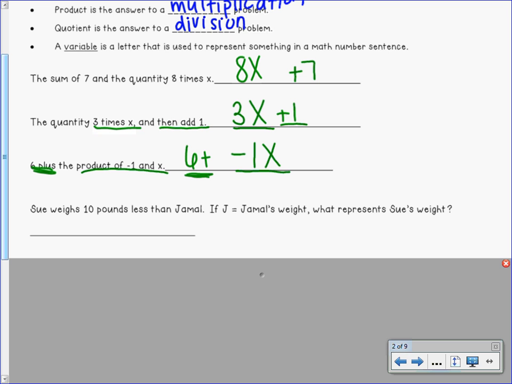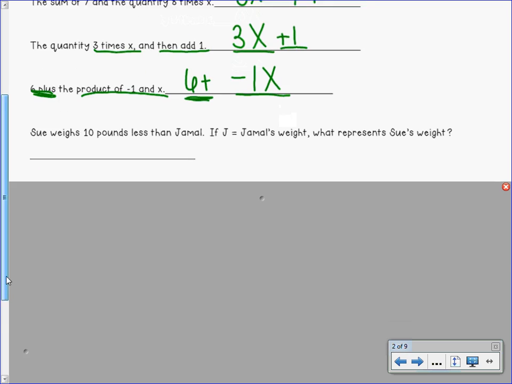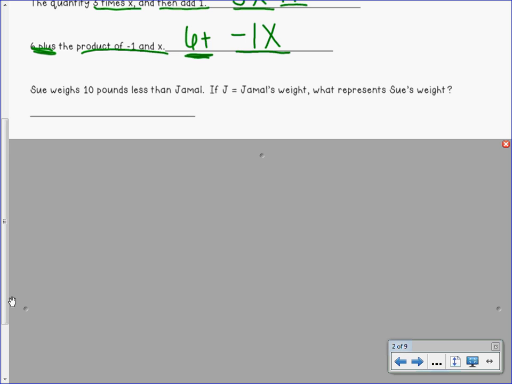Okay, of course, this is math. They're gonna throw in some word problems, right? Because are you even doing math if you don't have word problems? Okay, so we have Sue and Jamal. Sue weighs 10 pounds less than Jamal. If J represents Jamal's weight, what number sentence could we write so we could figure out Sue's weight?